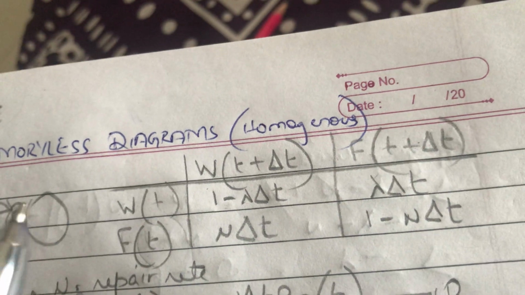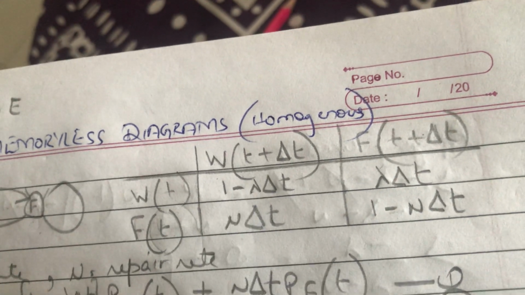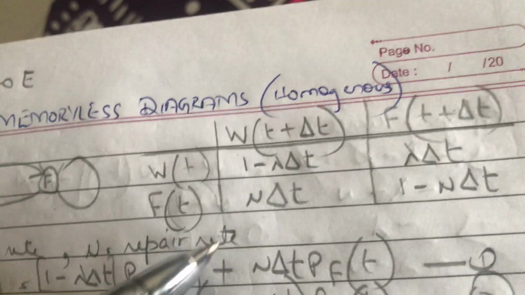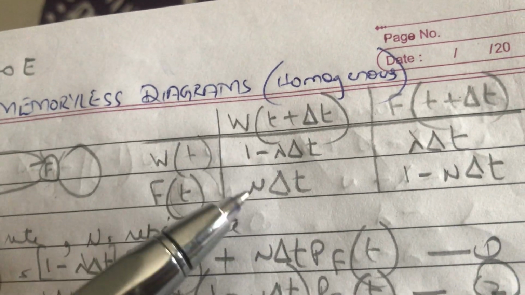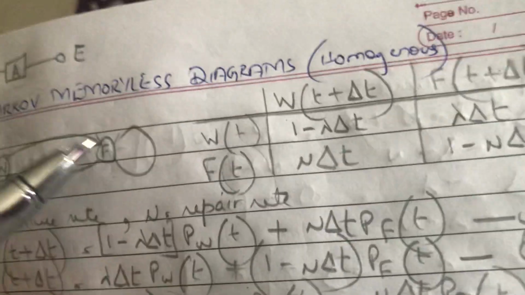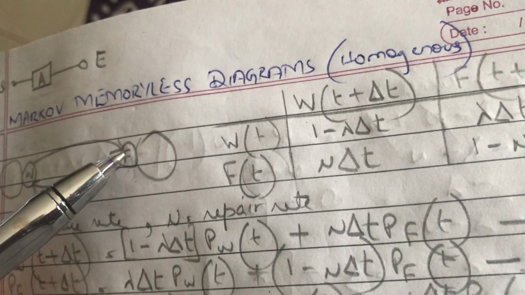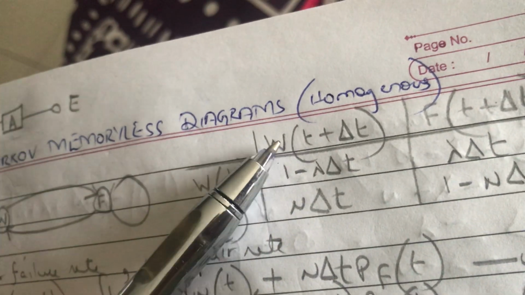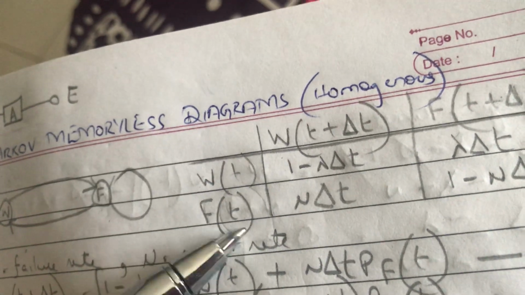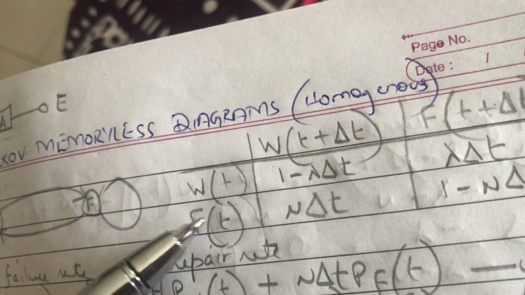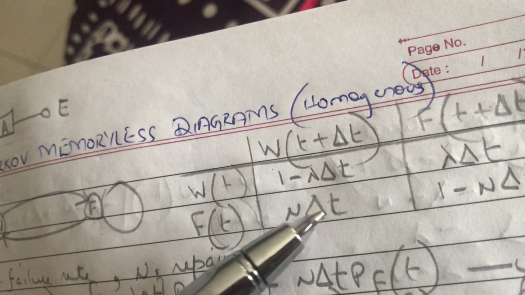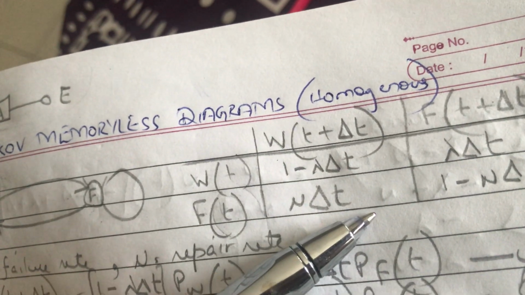Now we have to apply the repairing conditions, repairing scenarios, and we have to repair the item. So when we were at working, and here we have the failed condition, so what we will do, we have mu delta t. Why is that so?